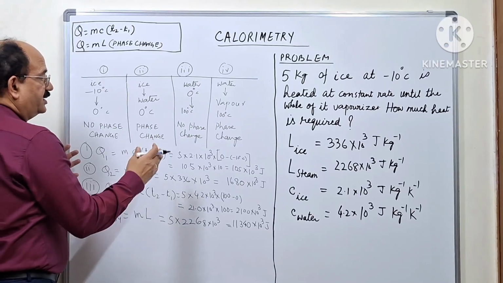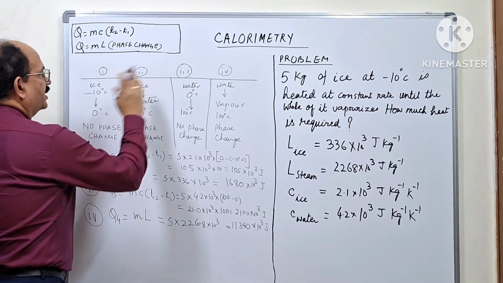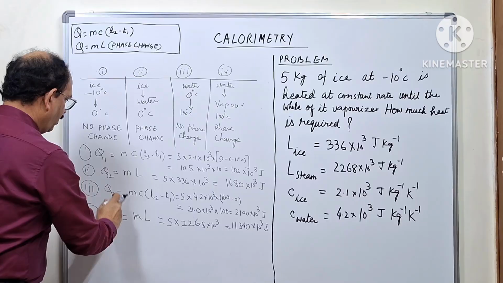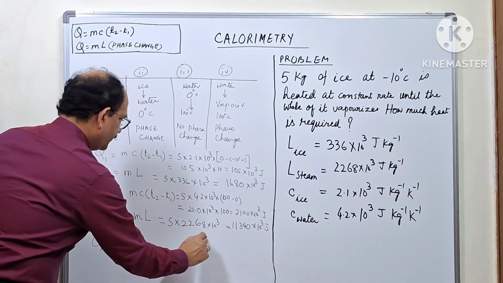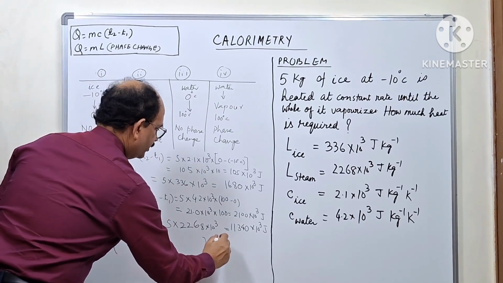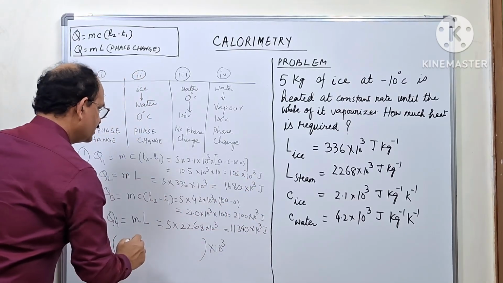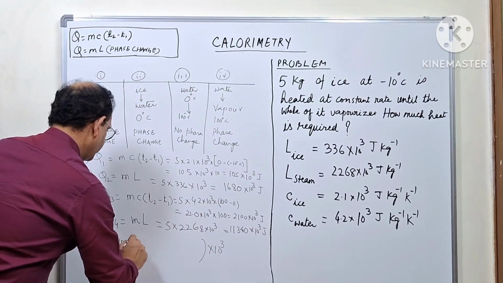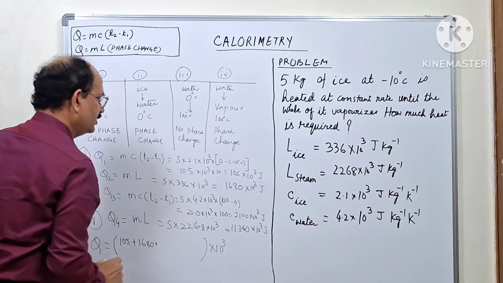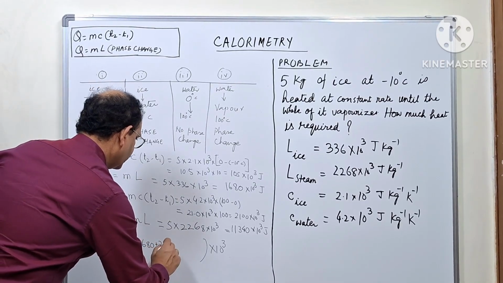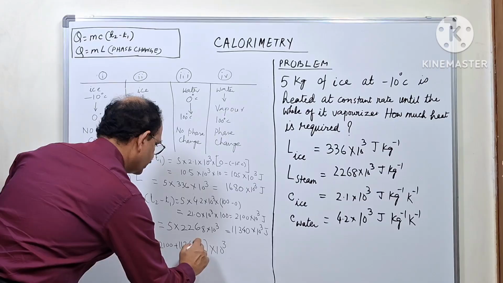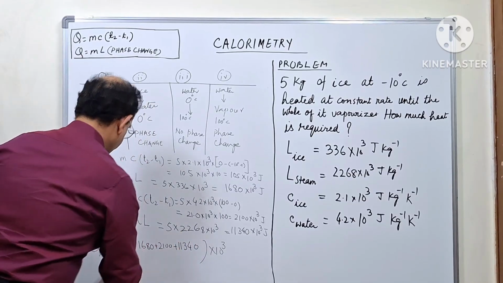So the total heat required to convert ice into water vapor will be equal to capital Q, which will be the sum of all these heats. 10 to the power 3 is common in all of these, so it will be 105 plus 1680 plus 2100 plus 11340 into 10 to the power 3.